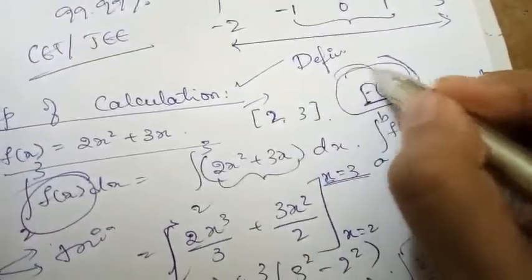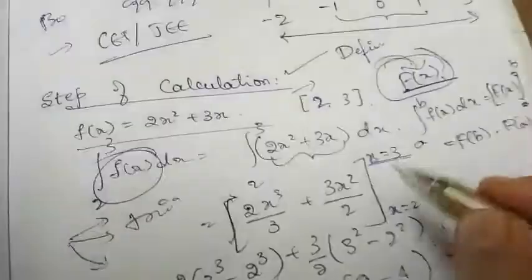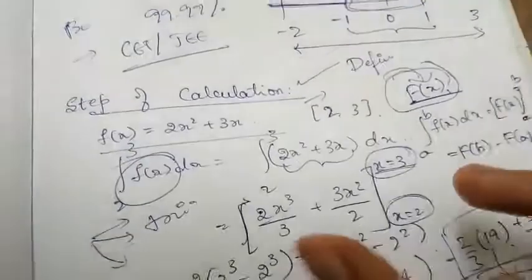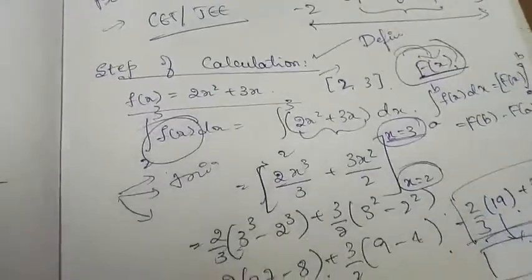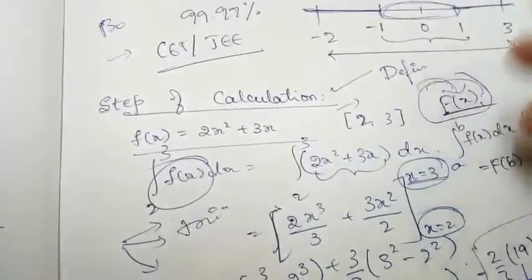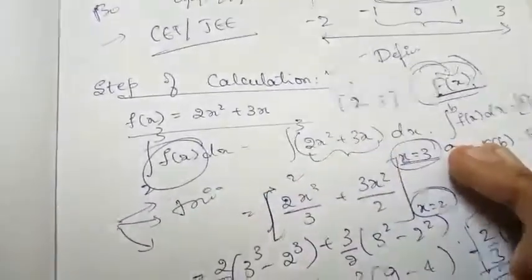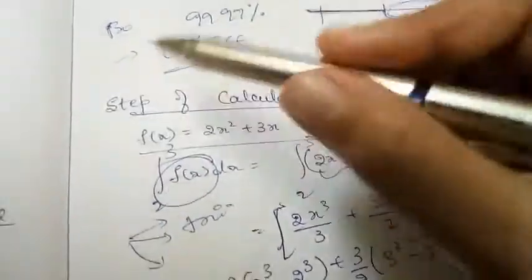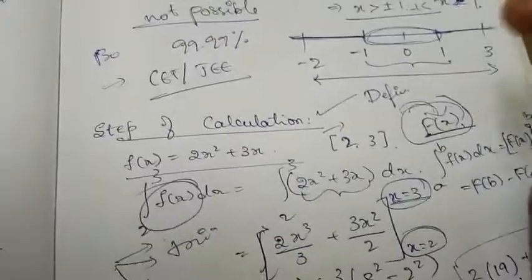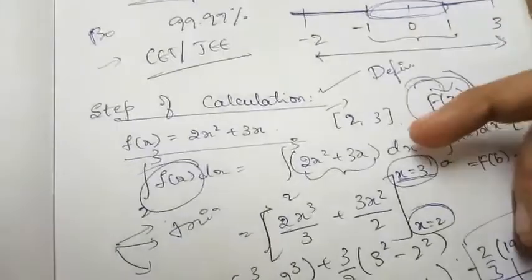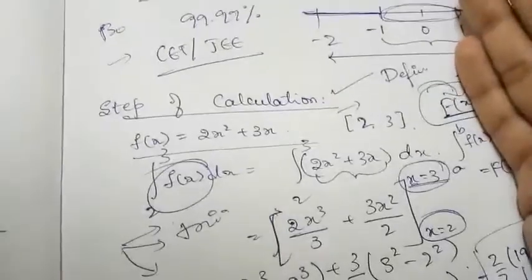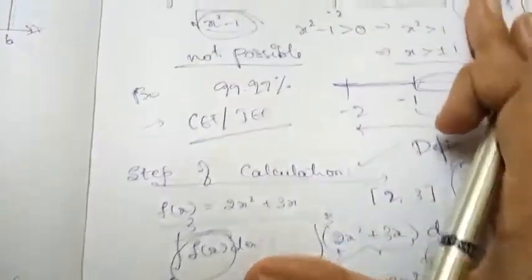After getting this antiderivative F of x, we just apply the lower limit and upper limit values to the antiderivative and get a final unique value. That is what definite integrals are about. There is nothing extra from the indefinite integral. In the indefinite integral we do not have a unique value, but in the definite integral we have a unique value.